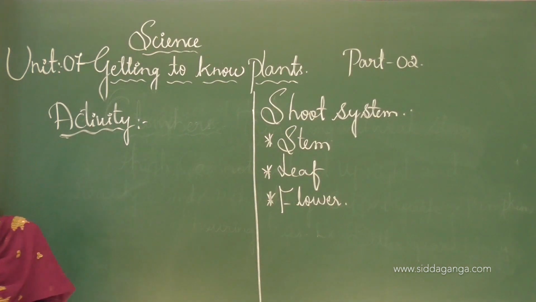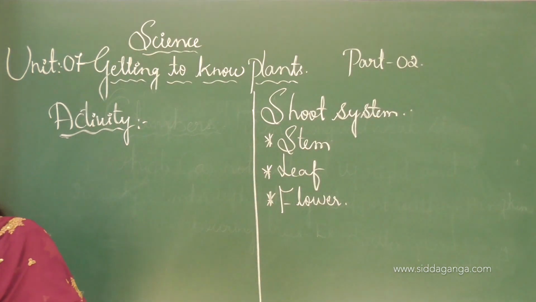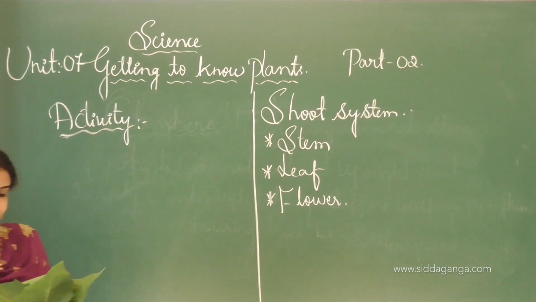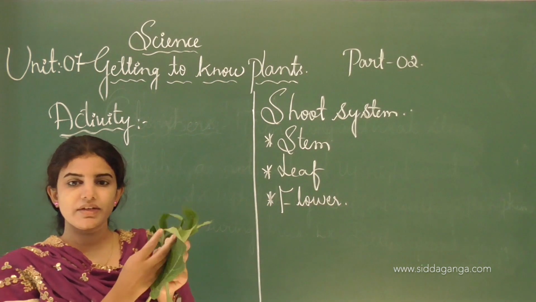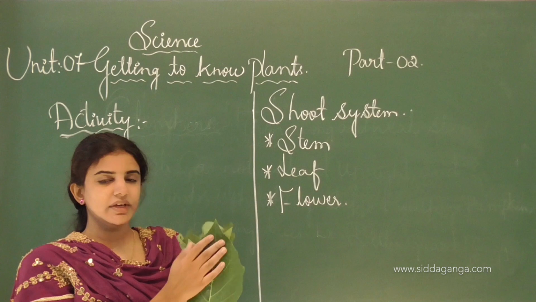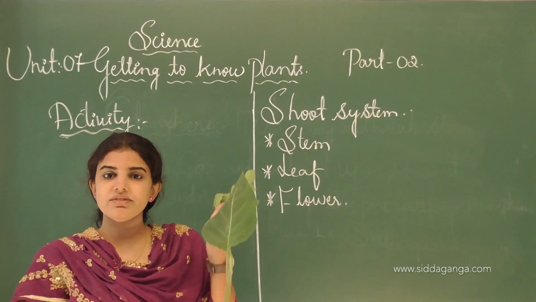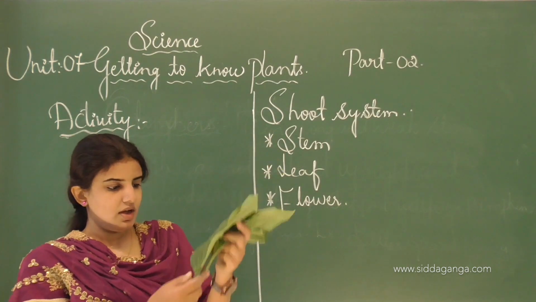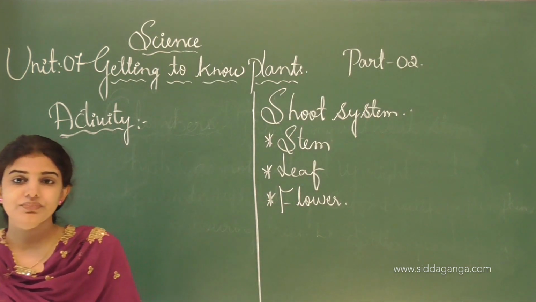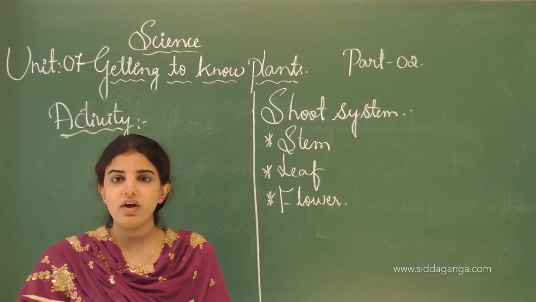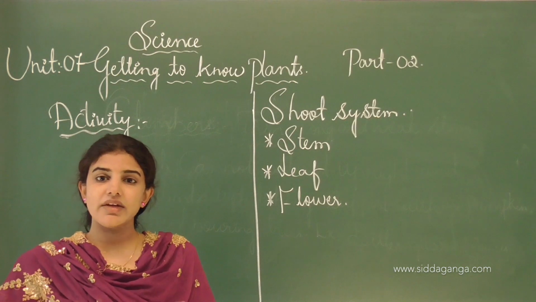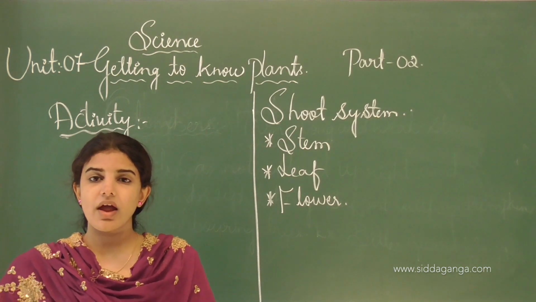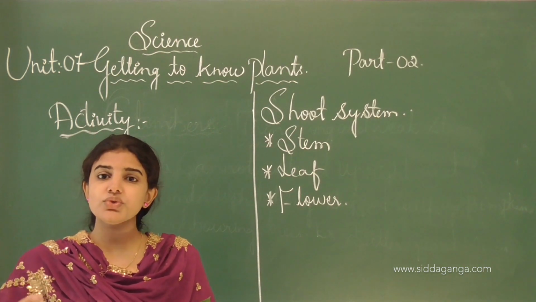This activity we will do here. This is the stem of a plant, and now we take one beaker or any glass vessel and add water, and afterwards 2 to 3 drops of ink.